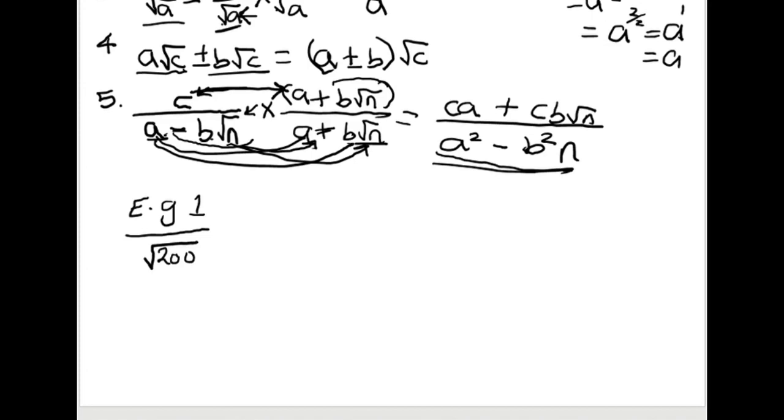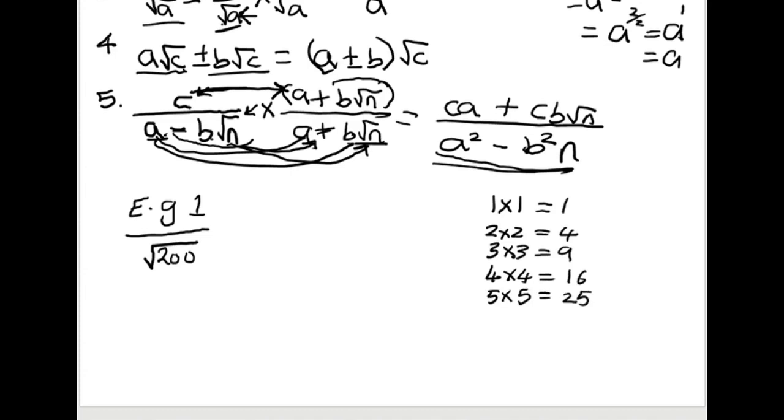First of all, you know how we get our perfect squares: when you multiply the numbers from 1 upward by themselves. 1 times 1 is 1, 2 times 2 is 4, 3 times 3 is 9, 4 times 4 is 16, 5 times 5 is 25, 6 times 6 is 36, 7 times 7 is 49, 8 times 8 is 64, 9 times 9 is 81, and 10 times 10 is 100.